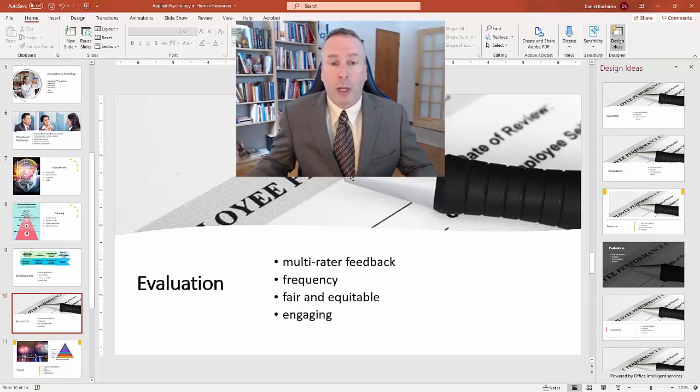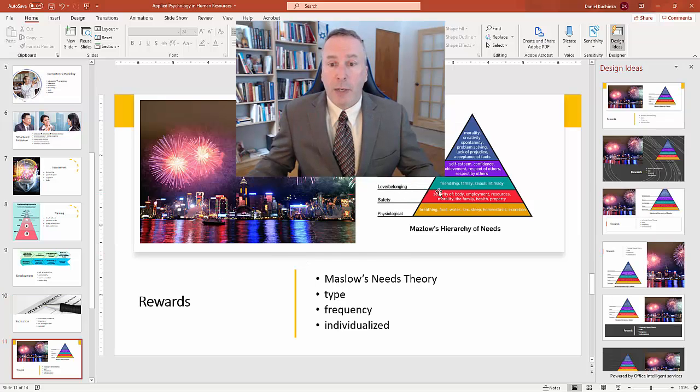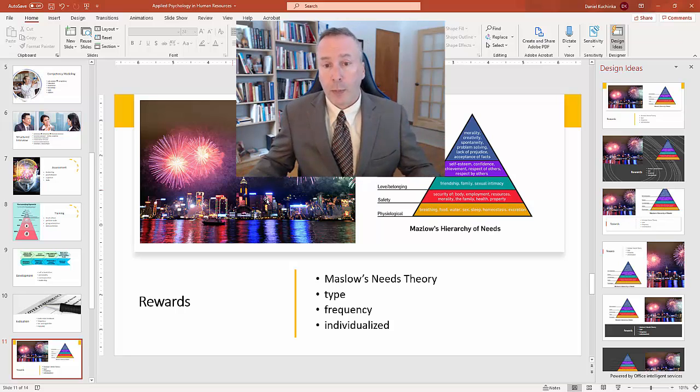Each picture applies to what I'm going to be talking about. Here's employee performance. That's part of my evaluation slide. And at times, some of the images I will use as a tool for the slide. It's not just a picture like this, which this picture is supposed to give the impression of rewards and awards and celebration.